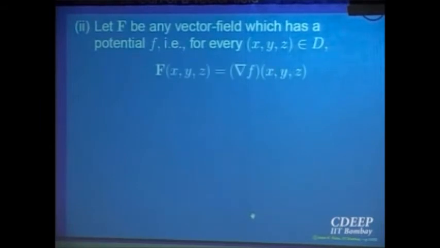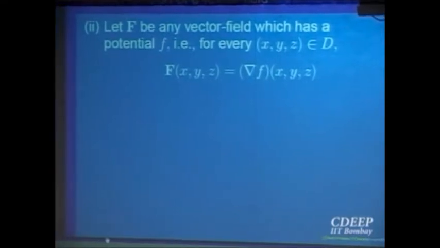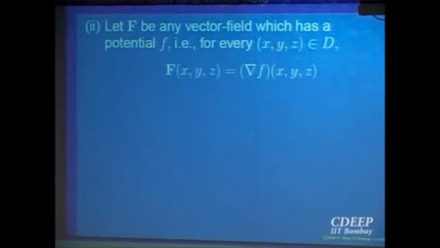Let us look at another example. Let us look at a vector field which arises as the gradient of a scalar field. Such vector fields, as we have seen, are called vector fields with a potential function. So the potential is the function small f. So let us look at a vector field capital F whose potential function is small f. That means F is equal to the gradient of the function small f.